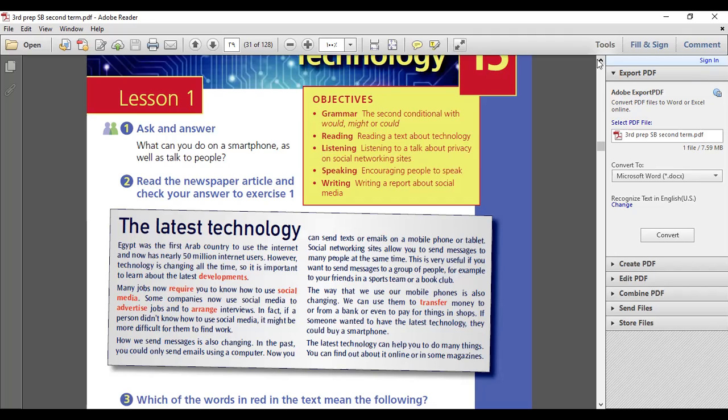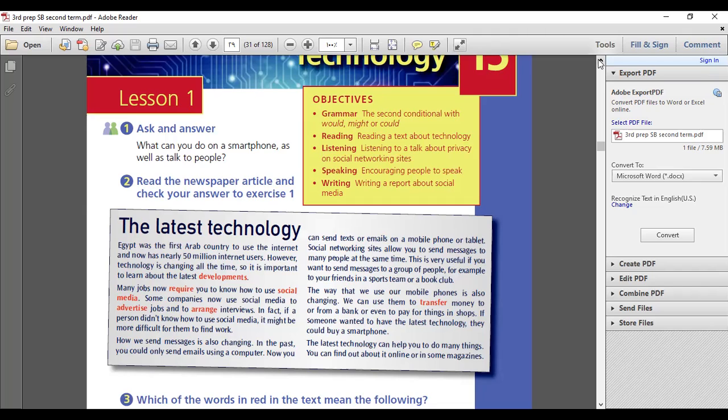How we send messages is also changing. In the past, you could only send emails using a computer. Now you can send text or email on a mobile phone or tablet. Social networking sites allow you to send messages to many people at the same time. This is very useful if you want to send messages to a group of people, for example, your friends in a sports team or a book club.